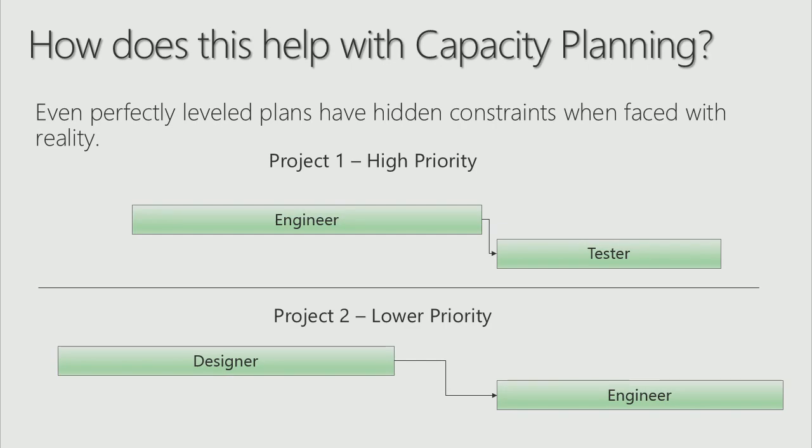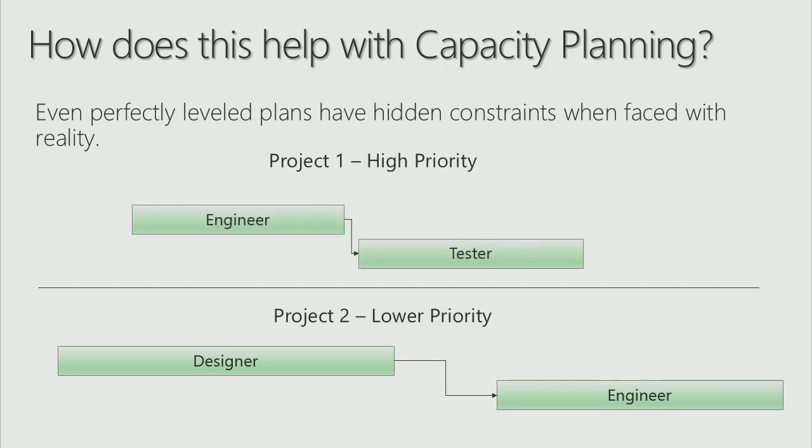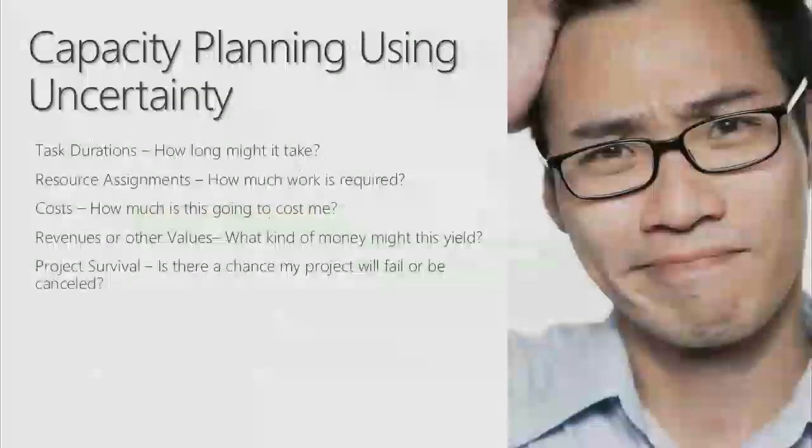And suddenly this cascading effect of resource constraints and uncertainty is going to lead to some significant delays that I didn't foresee. Conversely, maybe on project 1 I got done sooner. Well, I lost an opportunity, perhaps, to schedule something during that engineering time because I've already decided project 2 is going to go now, and now I have this gap in time where that engineer is available to do something, but maybe I'm not using them as effectively as possible.